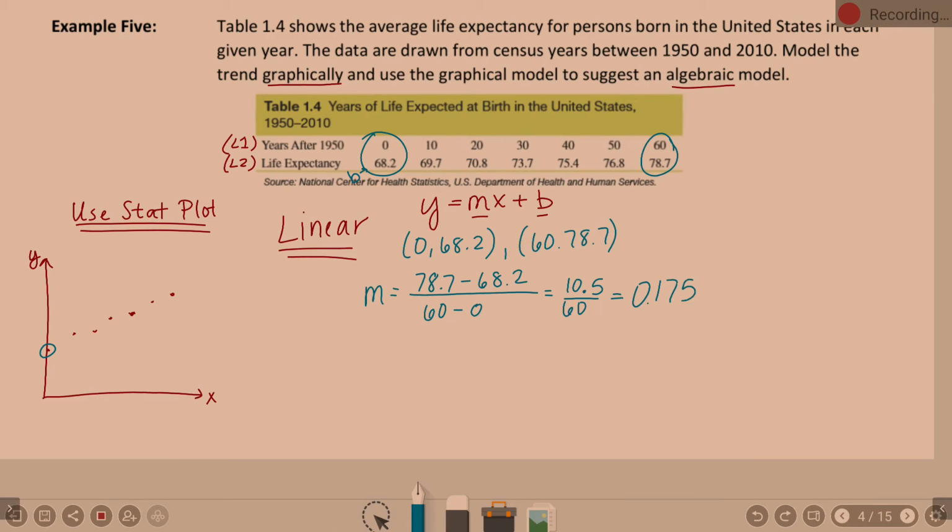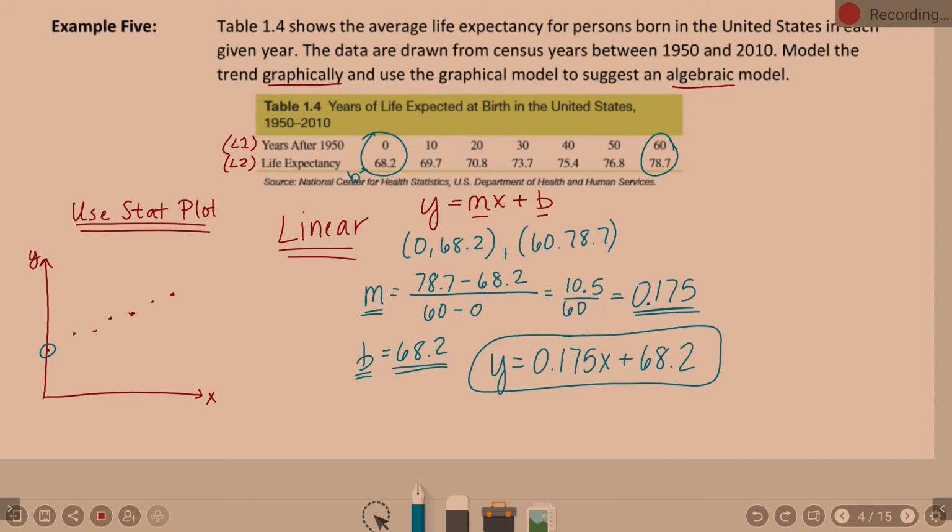Okay. So right there, we have an m value, yes? And we already stated a b value of 68.2. Can you write a linear equation? Y equals 0.175x plus 68.2.